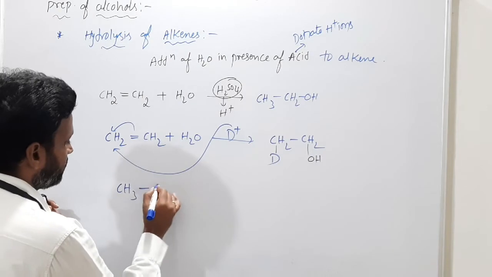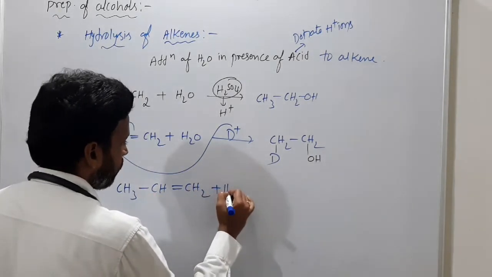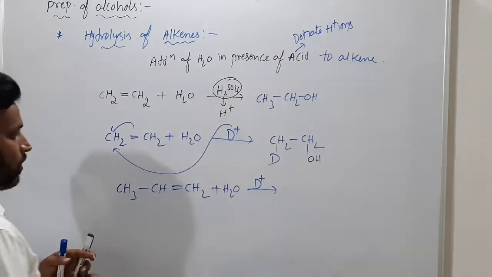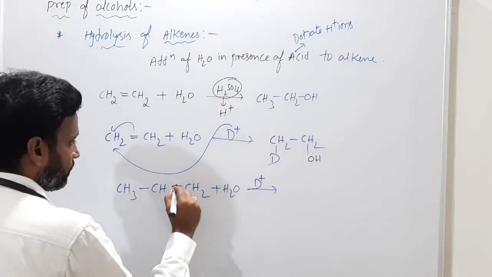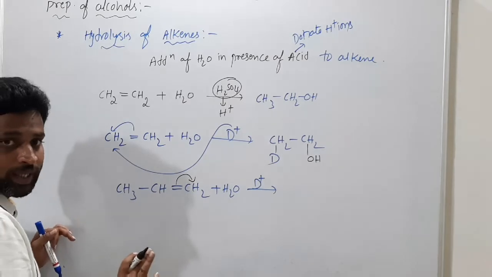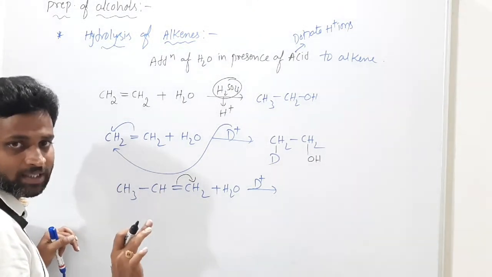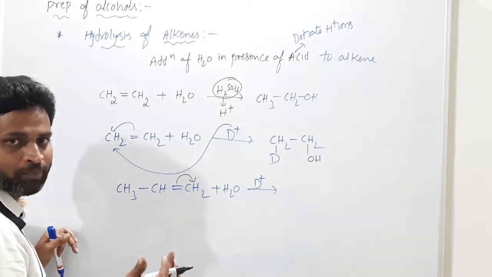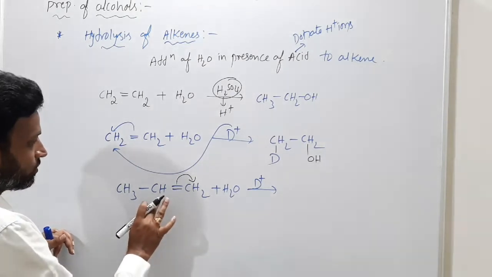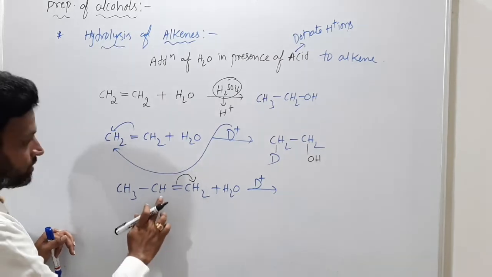Suppose here CH3CH double bond CH2. I am adding water in presence of D plus. Now what happens? Same story. This will migrate here. So here both directions are not the same, because according to Markovnikov's rule, the negative species means nucleophile, here nucleophile water or else OH minus you can consider, will act on the double bonded carbon which has less number of hydrogens.